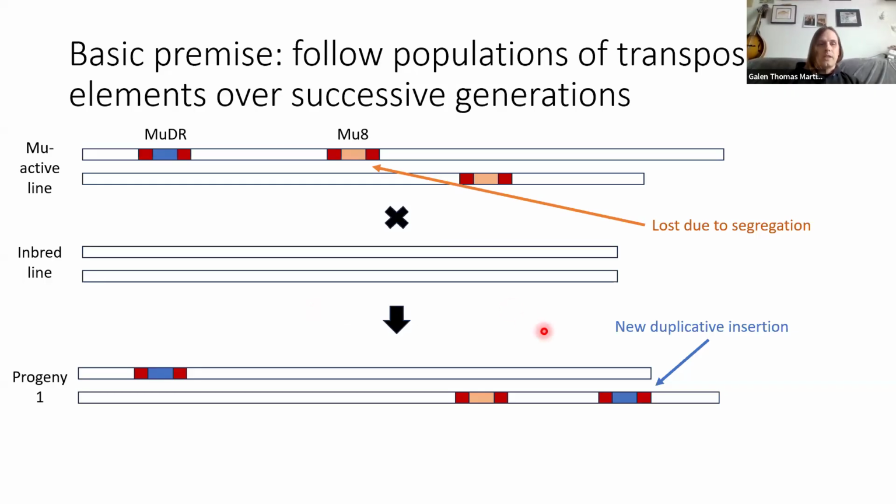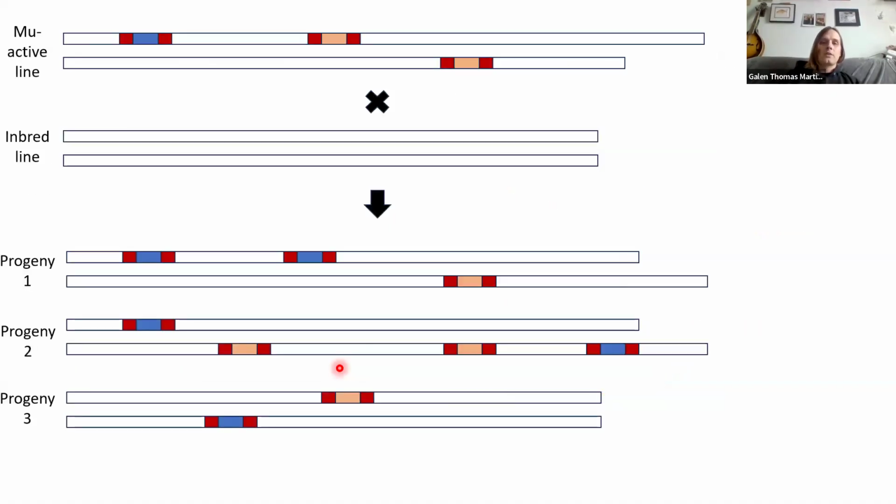So it's pretty simple, right? I take these active lines and cross them to B73, and then the next generation I take those and backcross them to B73, and look for which populations are the most successful.